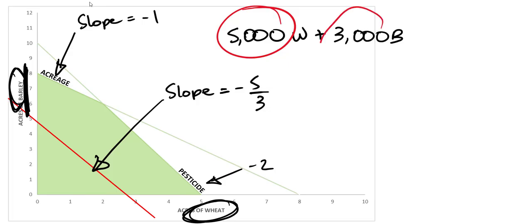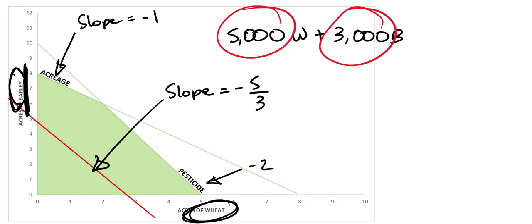How much can we adjust the coefficient of B and have our optimal solution remain at that same point? Getting back to one of the key aspects of sensitivity analysis, we can only adjust one of those things at a time. So first, let's deal with the coefficient of W. What would happen if the price of wheat went up or went down? At what point will we change our optimal decision?